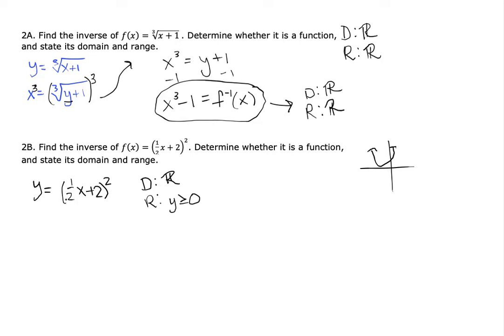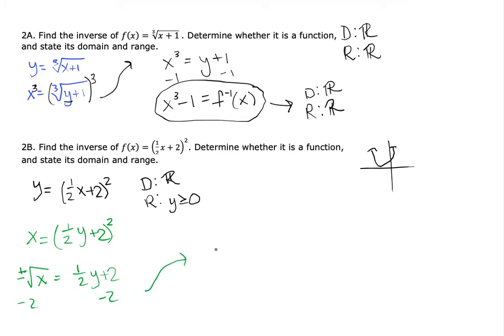All right, let's go ahead and find the inverse, and then we'll decide if that inverse is a function. Let's see, we will switch the x and the y around. So we have x equals 1/2 y plus 2 squared. I need to take the square root of both sides. I need to subtract 2 from both sides.